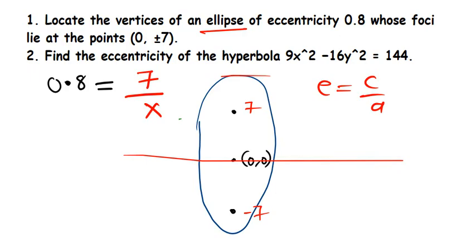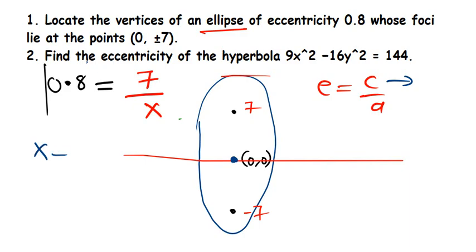This is the way that I put it: when you're looking at an ellipse, c represents the distance from the center of the ellipse to the foci, and a is the distance from the center to the vertex. And that's why in an ellipse the value is going to be less than 1, because the denominator is greater than the numerator.